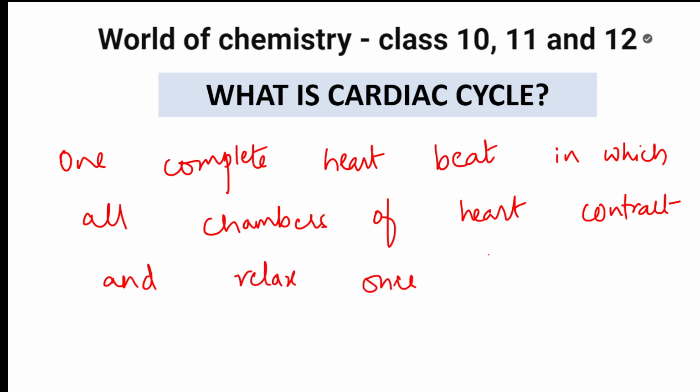This is called cardiac cycle. Cardiac cycle definition: one complete heartbeat in which all chambers of the heart contract and relax once.